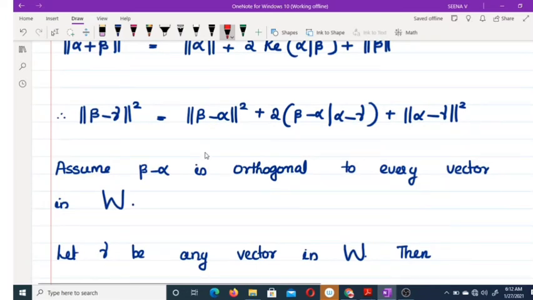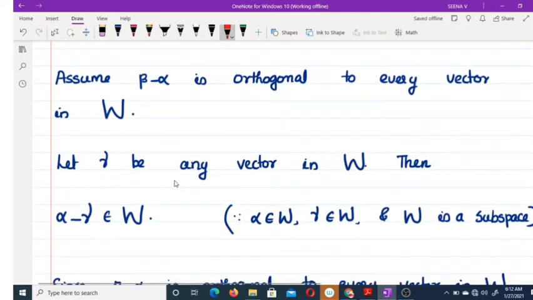Now first assumption, assume beta minus alpha is orthogonal to every vector in W, and we have to prove alpha is the best approximation to beta. That means we have to prove norm of beta minus alpha is less than or equal to norm of gamma minus alpha for every gamma belongs to W.